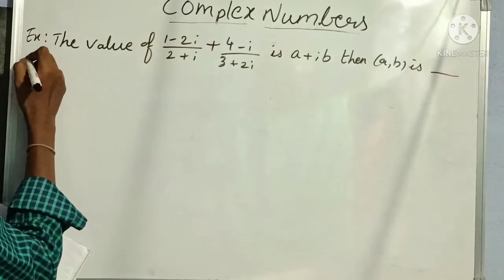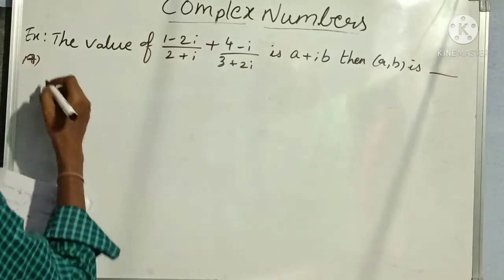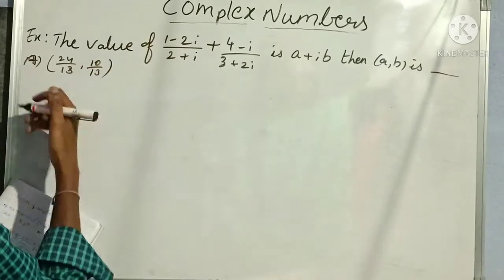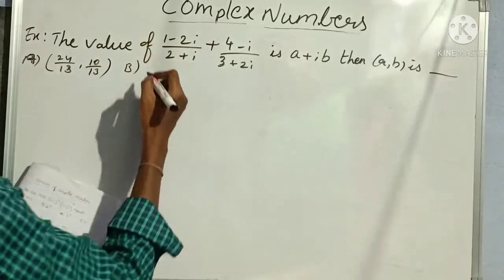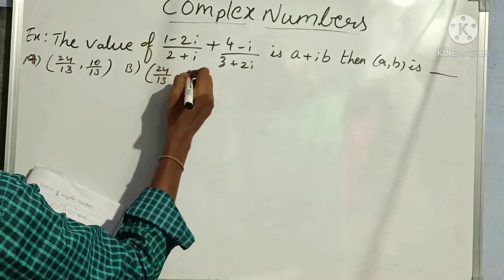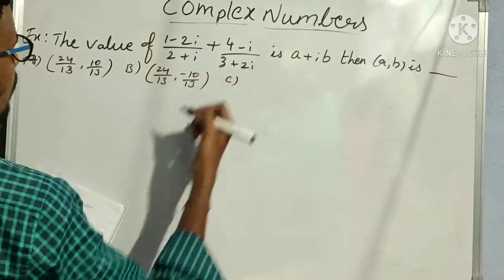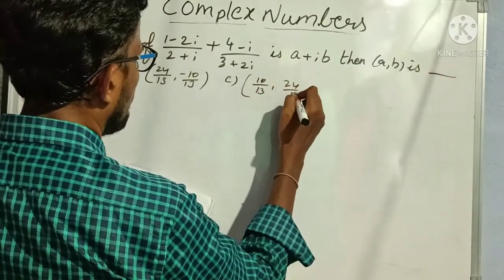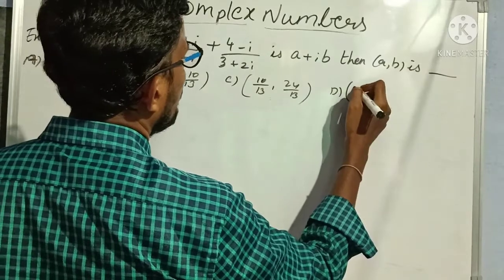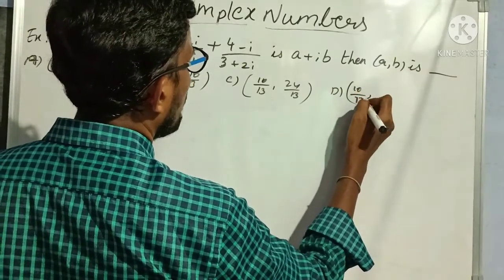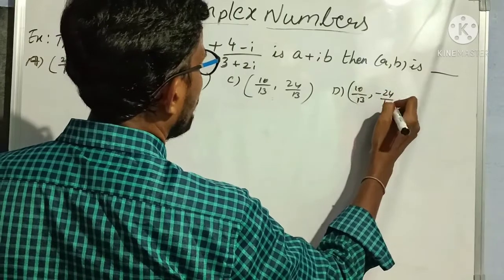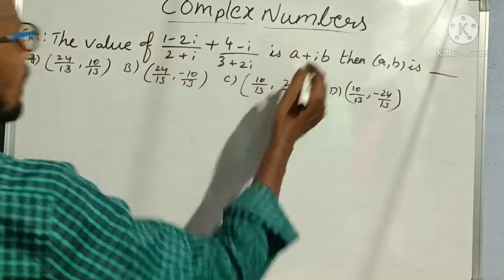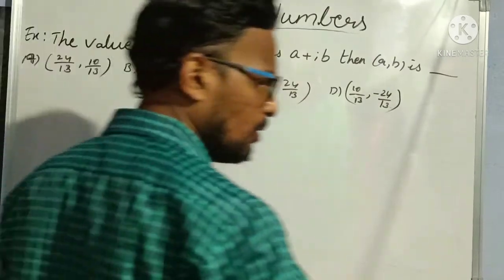Options: option A, 24 by 13 comma 10 by 13. Option B, 24 by 13 comma minus 10 by 13. Option C, 10 by 13 comma 24 by 13. Option D, 10 by 13 comma minus 24 by 13. So what are the values of a and b if this value is equal to a plus ib? That we have to solve.